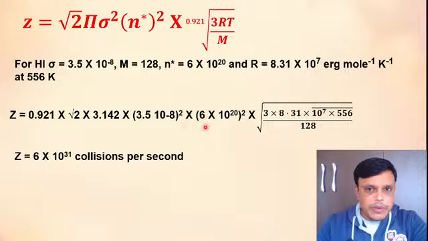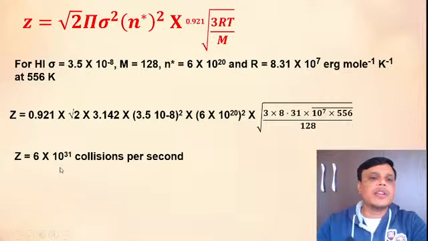After solving this whole term you will get Z is equal to 6 into 10 to the power 31 collisions per second.